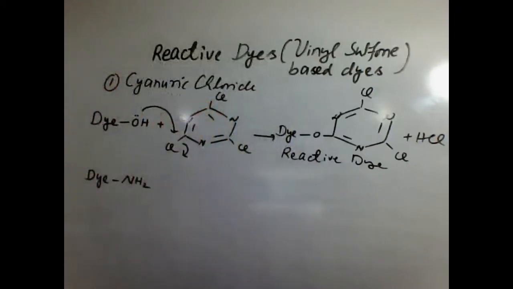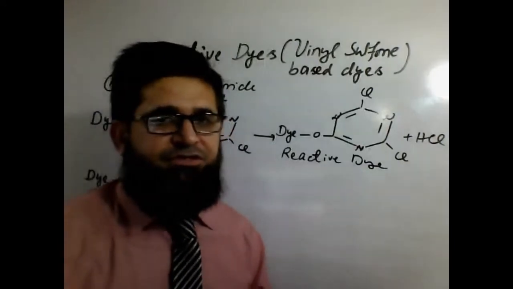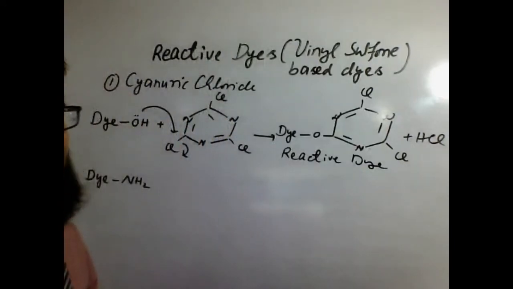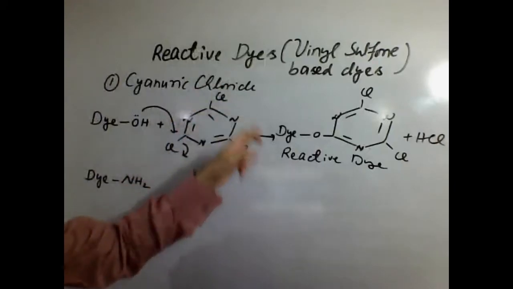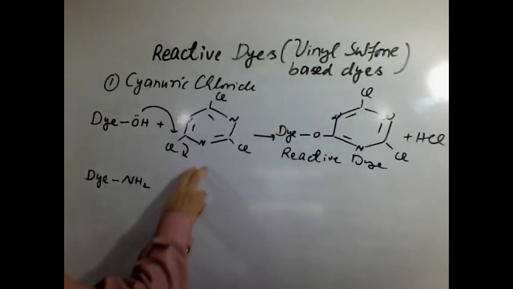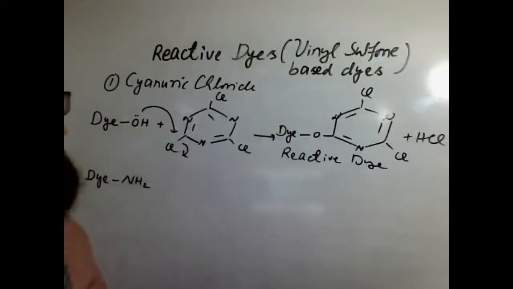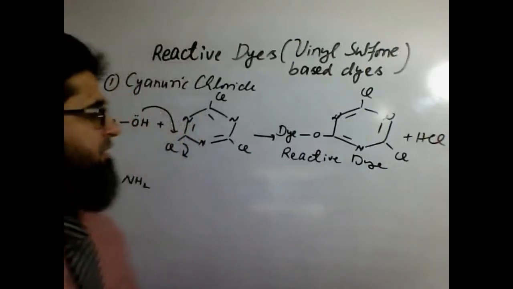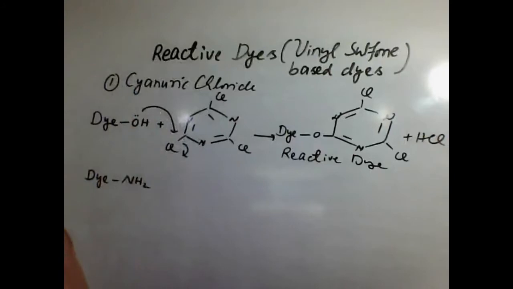In my last lecture, I explained reactive dyes which are prepared using cyanuric fluoride. This is the structure of the cyanuric fluoride, trichlorotriazine. It reacts with those dyes which carry some sort of polar functionalities, like hydroxyl.